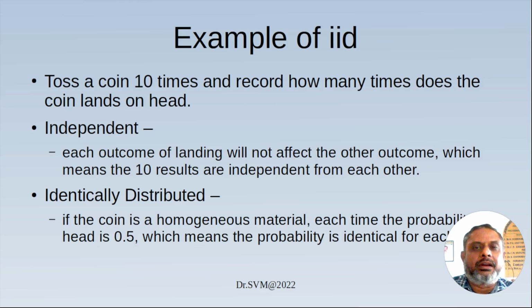So that's identically distributed, 50% head, 50% tail all the time, and each experiment is independent of one another. So this whole process of tossing a coin some number of times is IID.